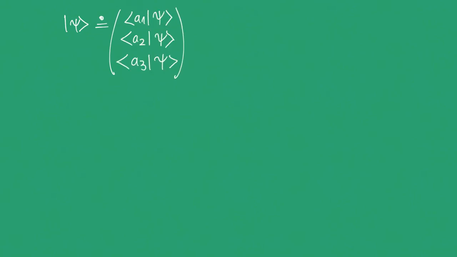As we discussed before, the matrix representation can be calculated by writing down the quantum state. To make it easier, we just need to calculate these three inner products to be the entries of our matrix.